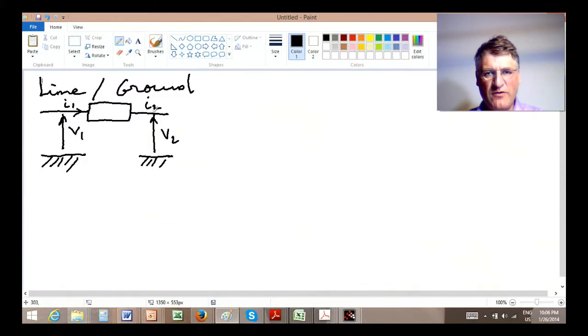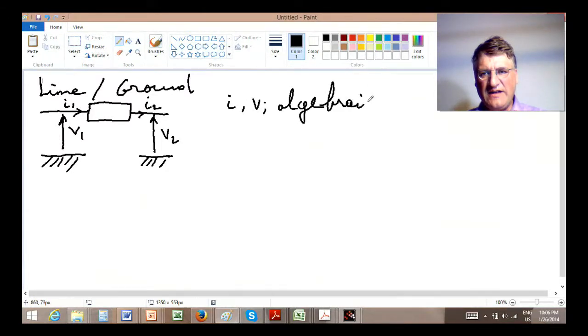Notice that the current may flow forward or backwards. So all the quantities I'm going to talk about are algebraic quantities. That is, they can be positive or negative, or zero, of course.